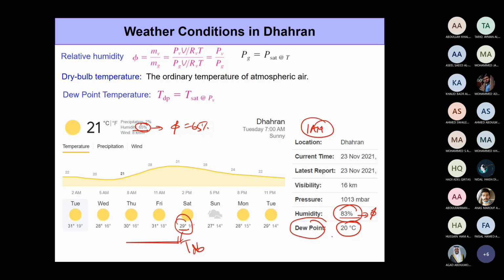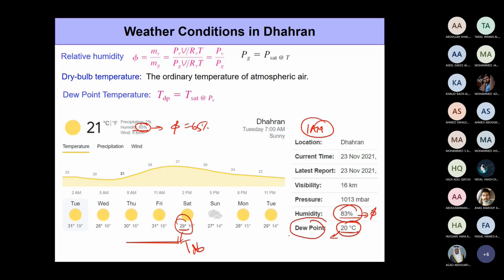So you can look at these numbers, and essentially from the dew point temperature, what you can see is that at this time when the relative humidity was 83% and the dew point was 20 degrees Celsius, if you have, let's say, a cold drink or a cold glass of water whose temperature is below the dew point temperature, you will see water droplets forming on the surface of the container.